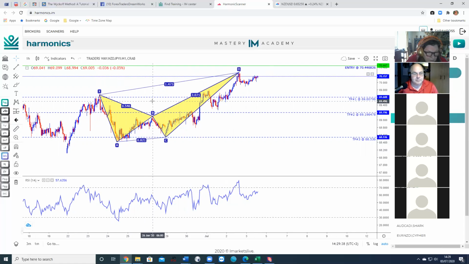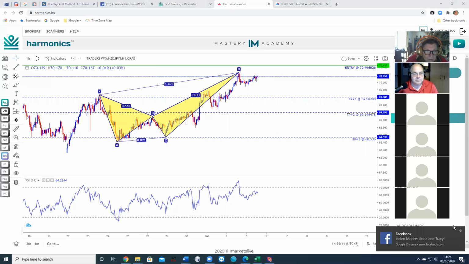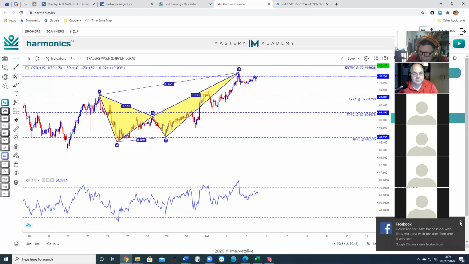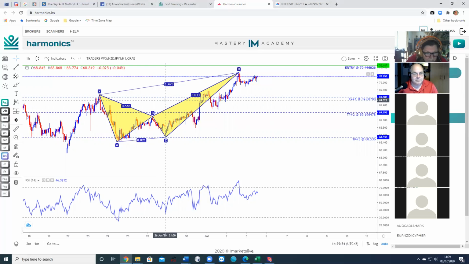The B is 26th of June at 0600. C is 26th at 2100, and D is 2nd of July at 1500.